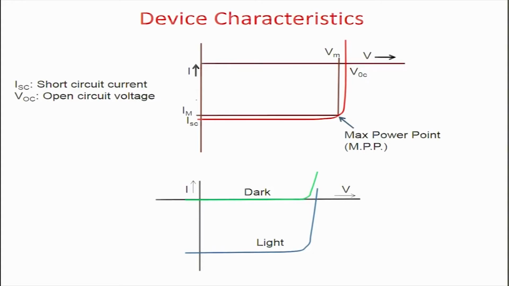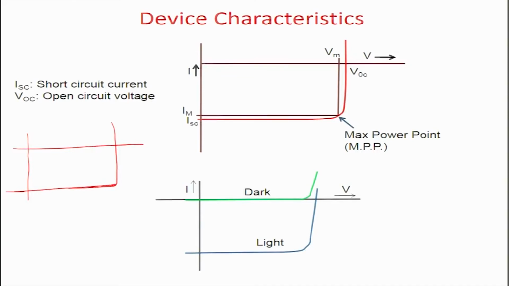The rectangle is drawn by this blue line and the brown lines. The voltage and current corresponding to those are called Vm and Im, and this point is called the maximum power point. This can be determined mathematically, since basically you want to maximize the power. Of course, if your IV curve is rectangular like this, the rectangle is the same as the IV curve.